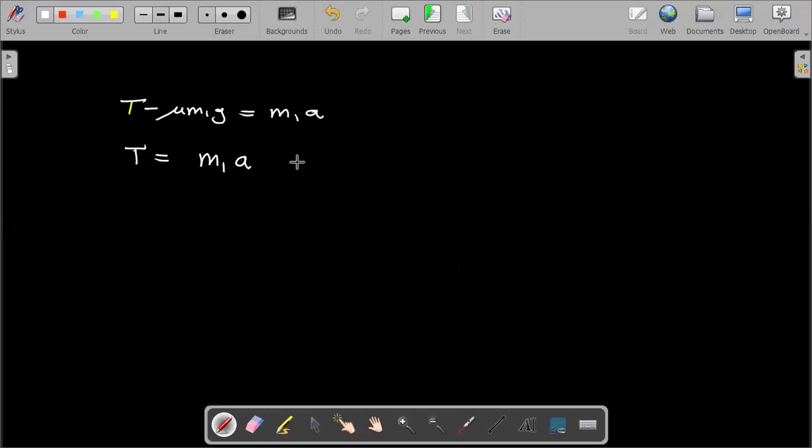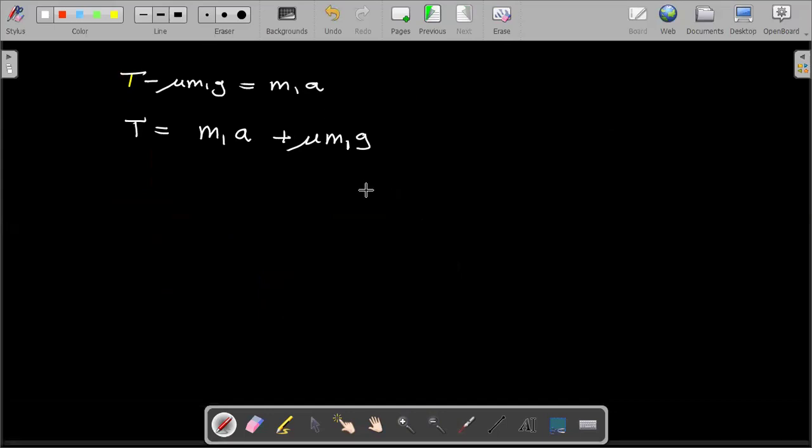M1A plus mu M1G. Okay. We could do the direct substitution from here, or we could factorize M1 out first. Whichever case, it will still work. Let's factorize M1 out first, so that we have M1 into bracket A plus mu G. Then we put in the derived acceleration value.